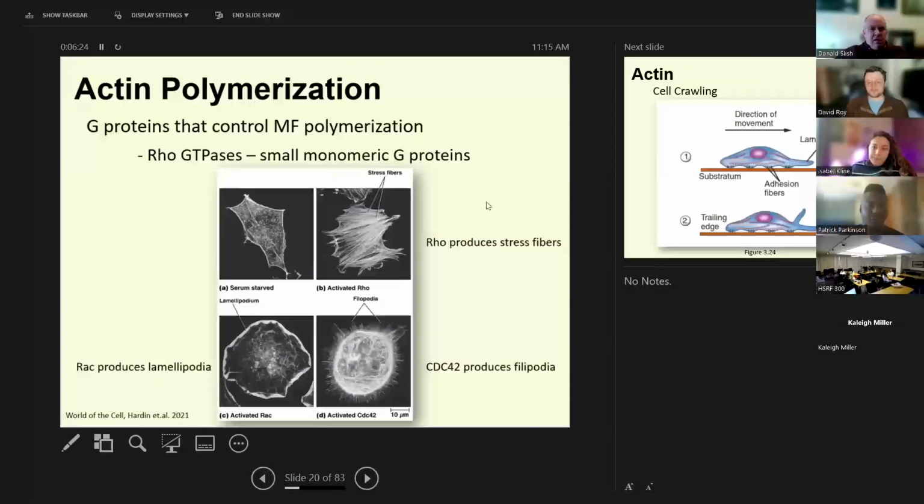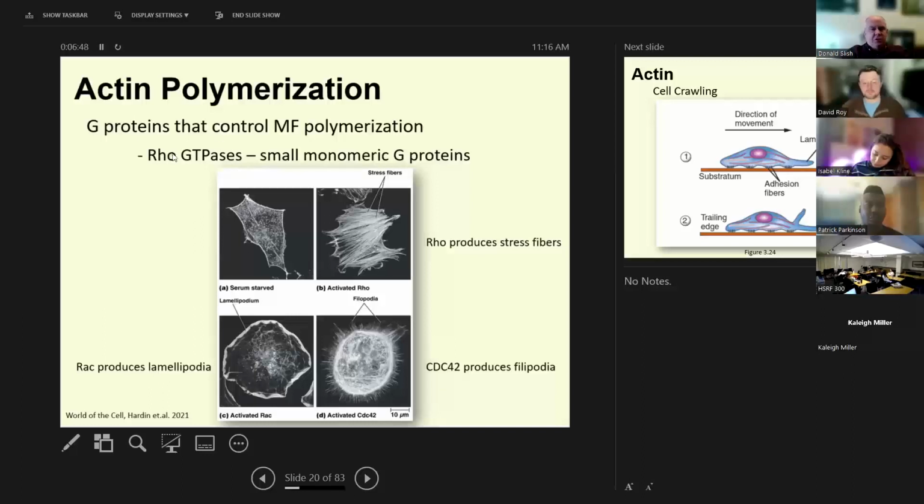And then here, getting back to our G proteins, this is all the polymerization of all these structures. Typically, in a cell that's not crawling, they're not there. Once the cell gets stimulated to start crawling, it's going to activate these G proteins, Rac, Rho, and Cdc42, and they're called Rho GTPases.